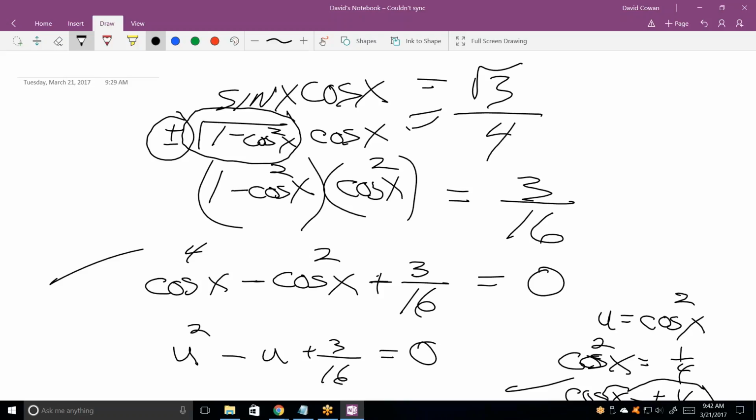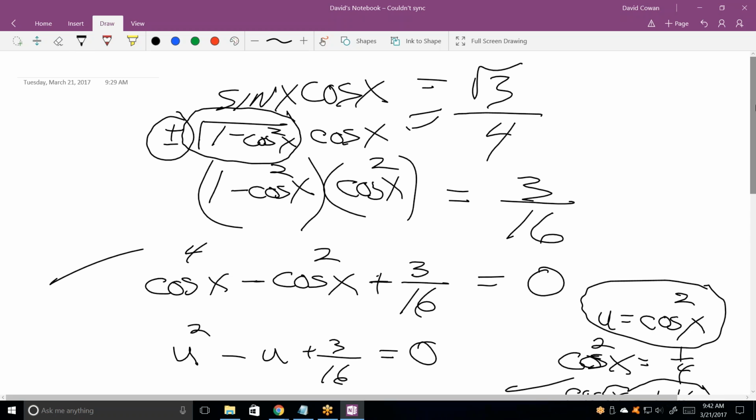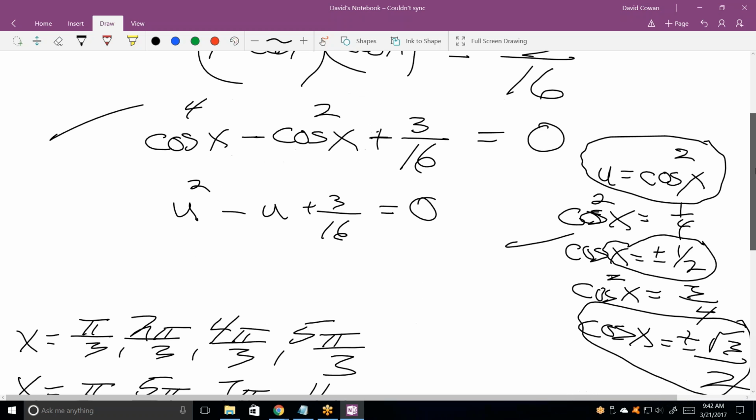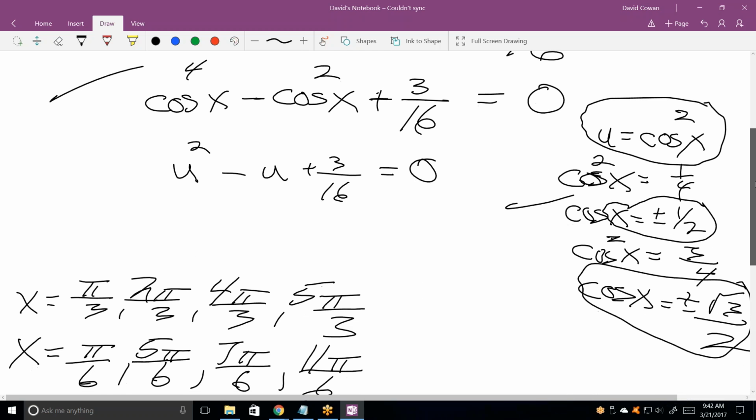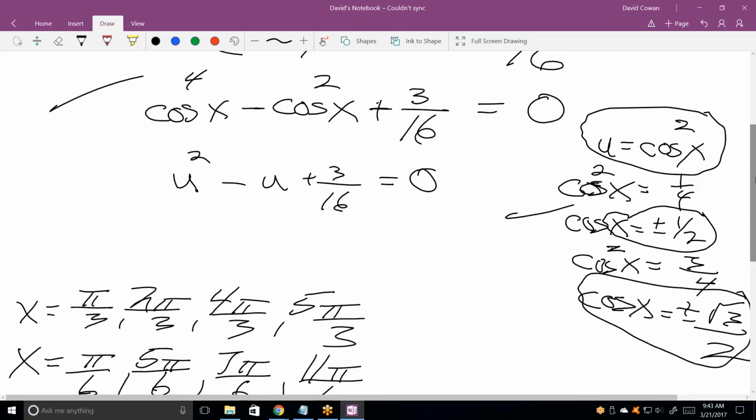I could actually do the whole problem without technically writing that step down, but that step's kind of helpful. And then I got to use the quadratic formula to solve this ridiculous quadratic.